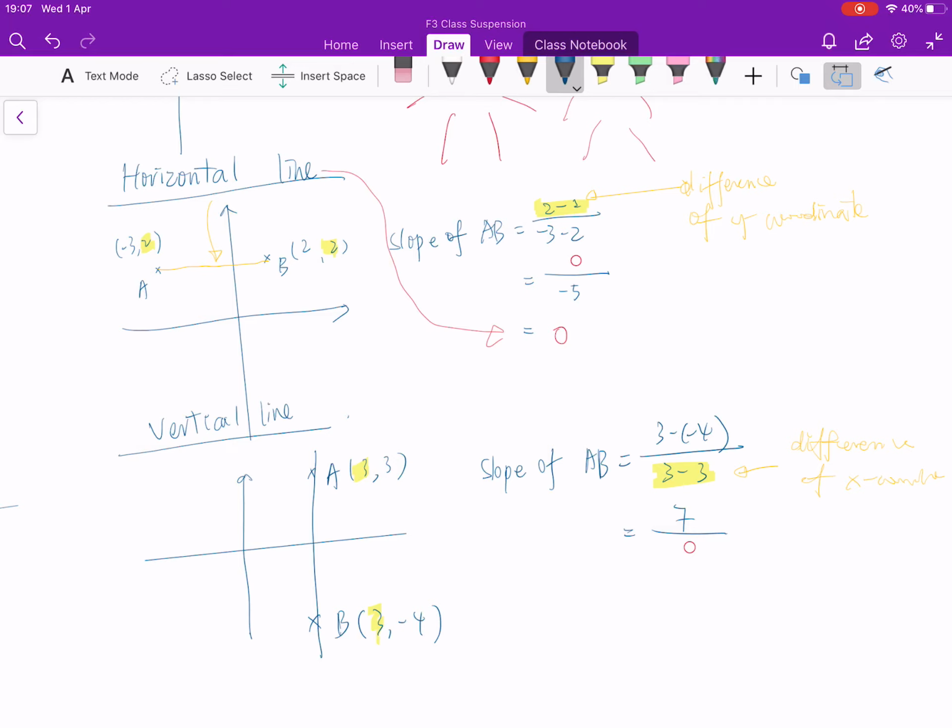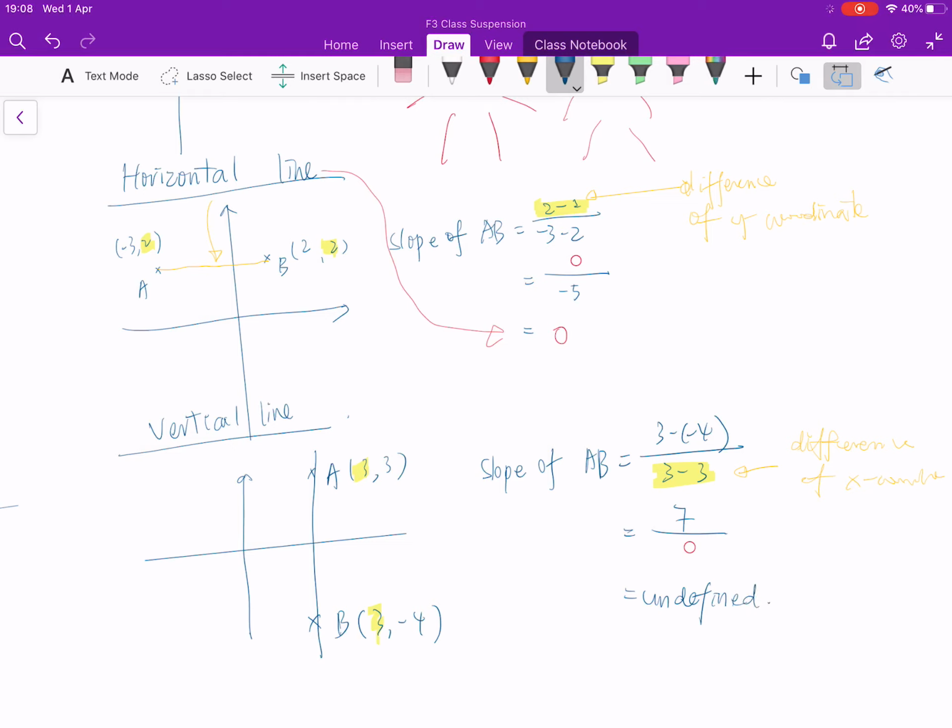However, just recall we learned in maybe primary school or Form 1, can a denominator be 0? Can we divide 7 things among no people? And then how many things can each of them have? It is not reasonable, right? It is not reasonable. So we call it undefined.